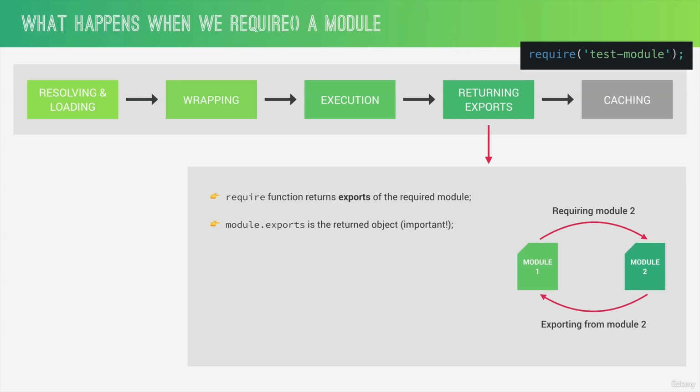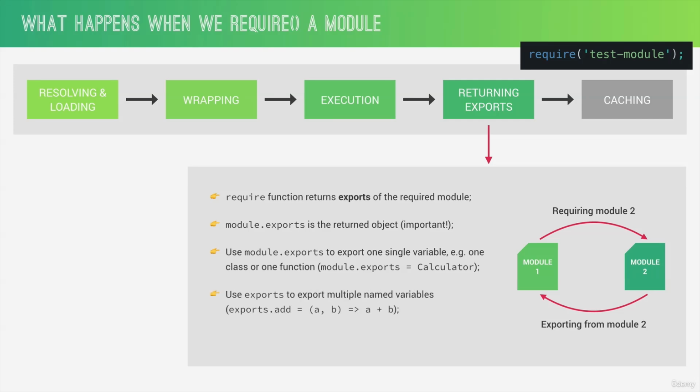So if all you want to do is to export one single variable, like one class or one function, you usually use module.exports and set it equal to the variable that you want to export, just like in this example. On the other hand, if you're looking to export multiple named variables, like multiple functions for example, then you should create these as properties of the exports object.